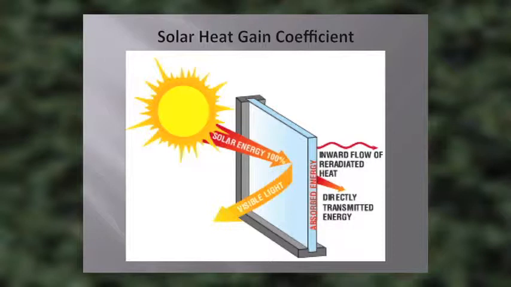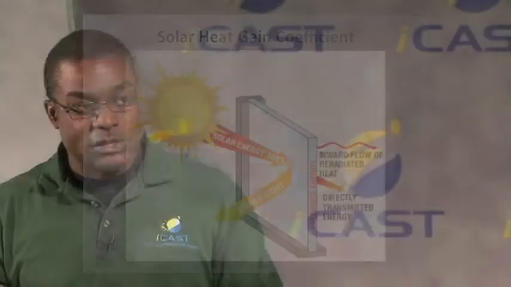Solar heat gain coefficient. Visible transmittance, on the other hand, is a measure of how opaque the window is, how much visible light comes through the window. Now, when we're talking about heat, we're talking about the IR spectrum, right? We're talking about the reds, the long wavelength light.